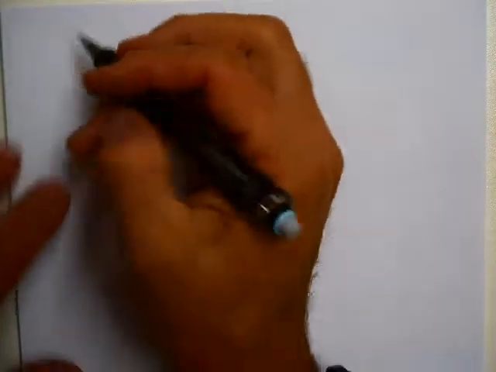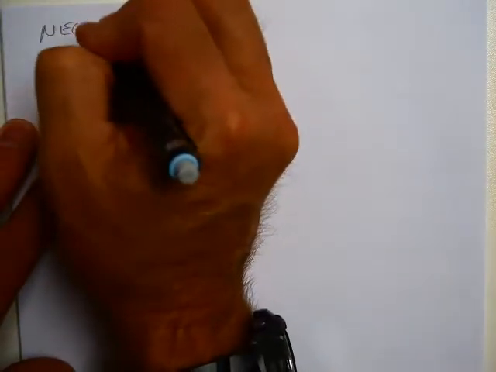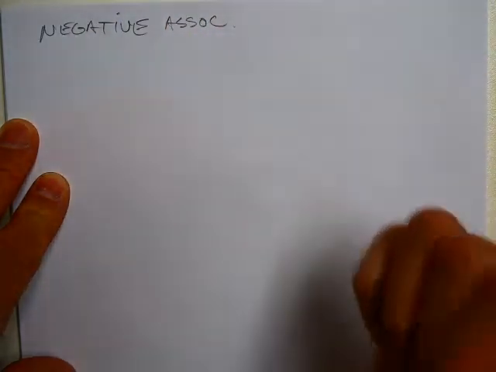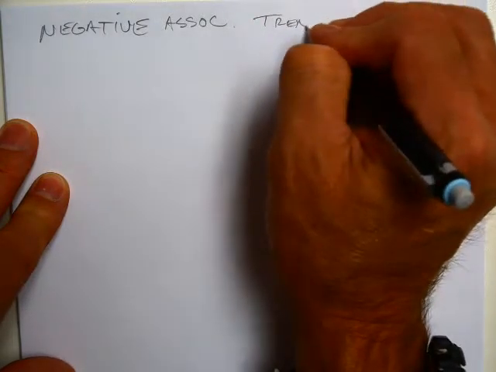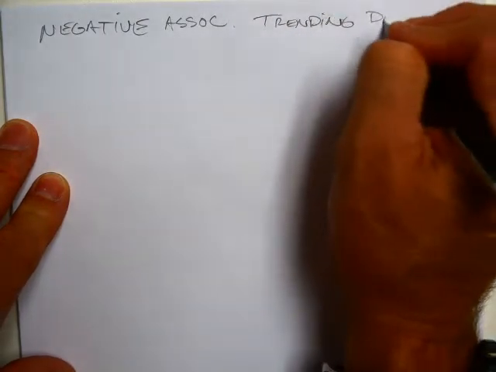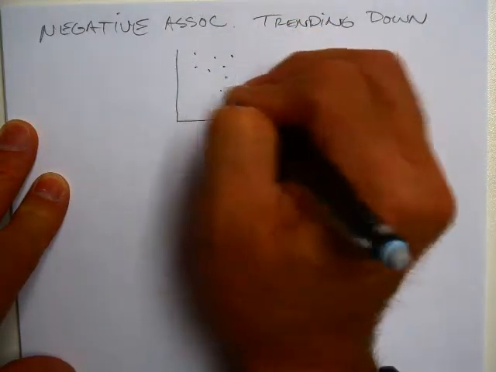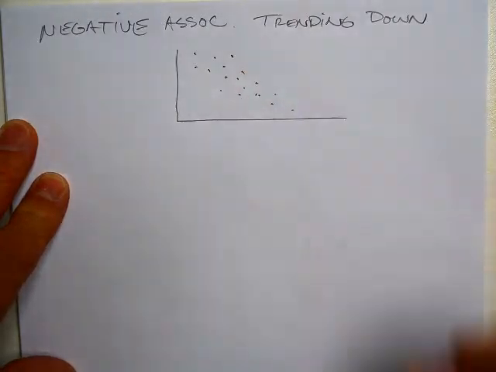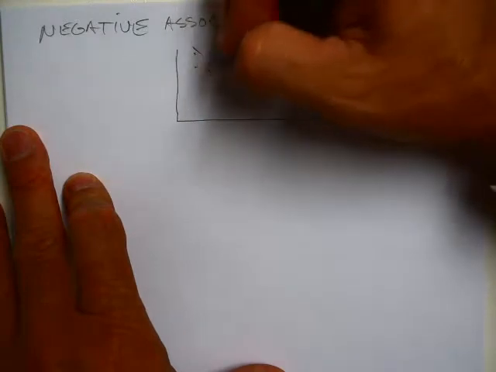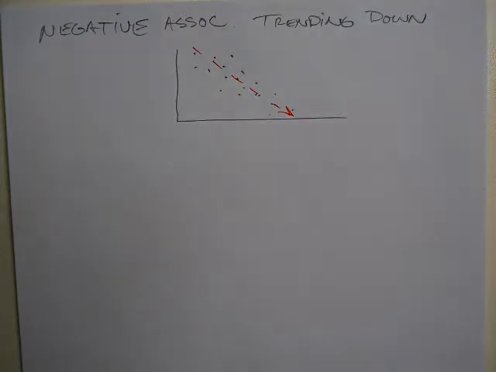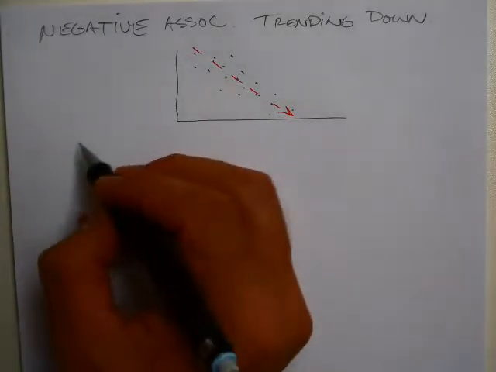We can have a negative association. What else could happen with a scatter plot?